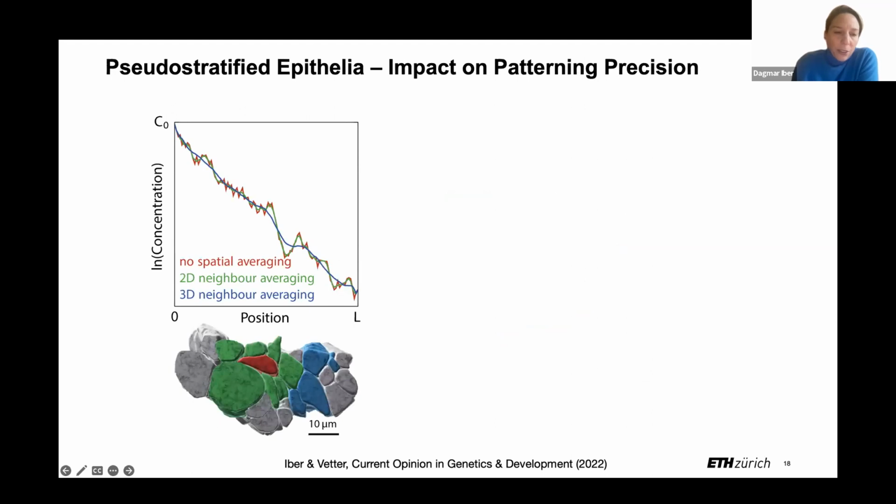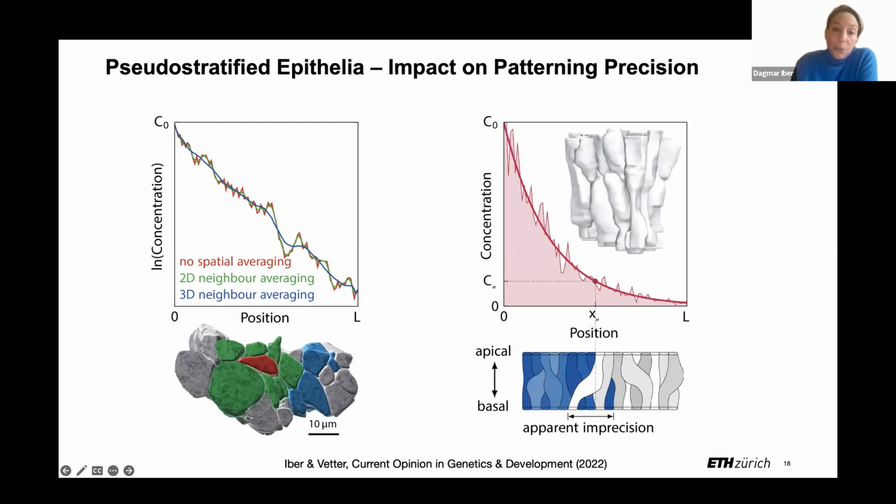And so that means, as a consequence, as I said before, because you have pseudostratification, you have these neighbor changes, and so this red cell also has the blue cells as neighbor, which means it has more interactions, but also you overestimate the positional error, because the cells are shaped in this way that this nucleus here, when you analyze this as the Briscoe group did, you would think there's a positional error when the apical side is actually in the right position.